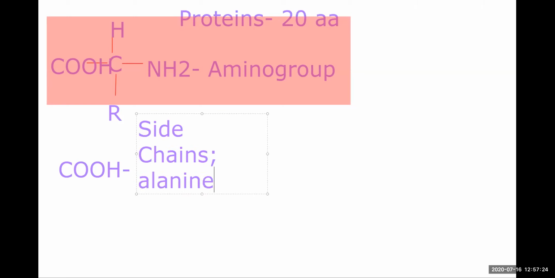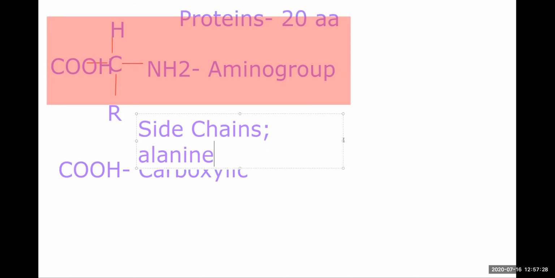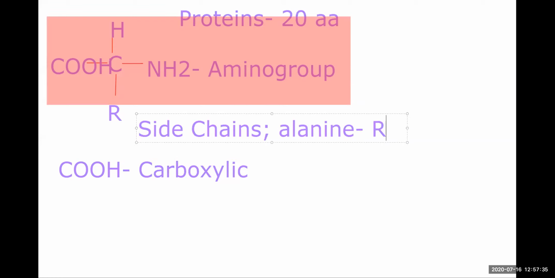One of the amino acids is named alanine, and in the case of alanine, R would be CH2 and CH3.